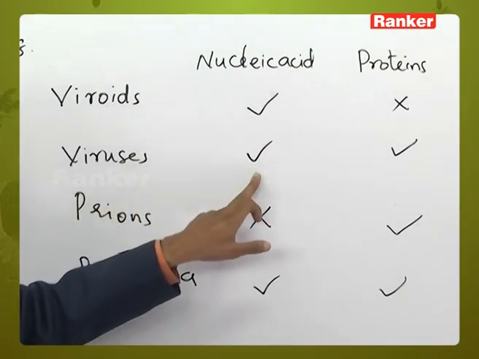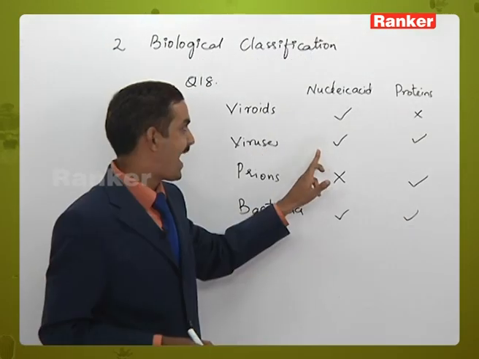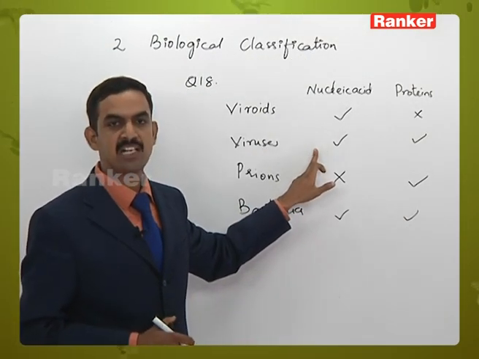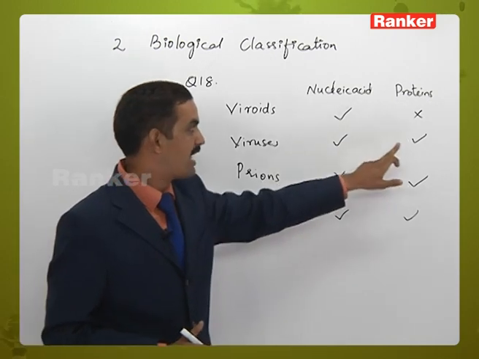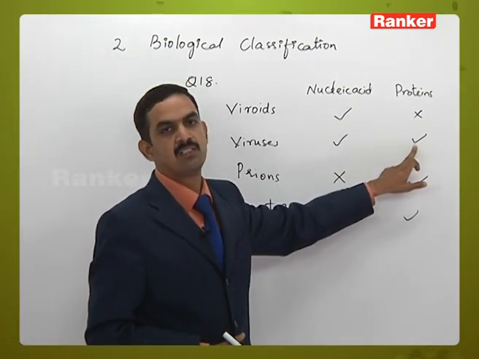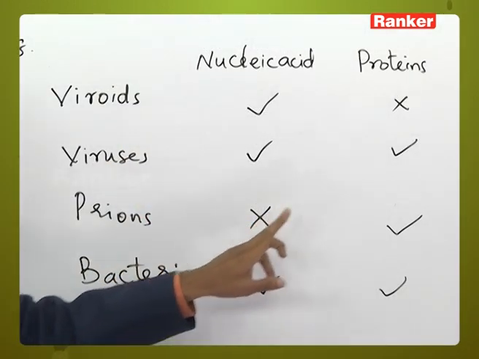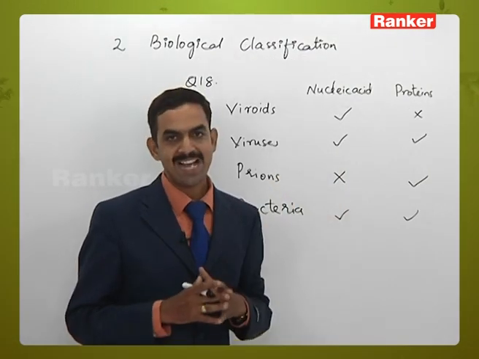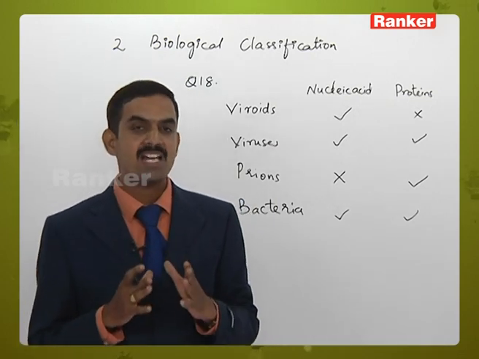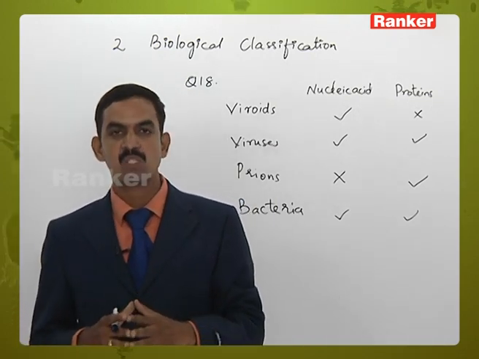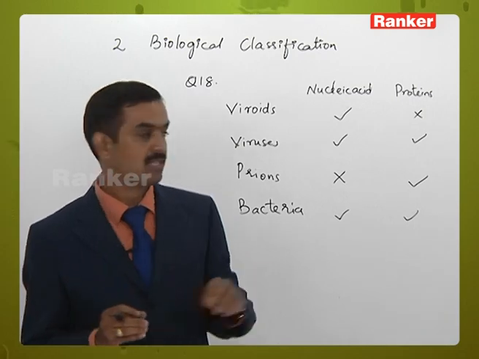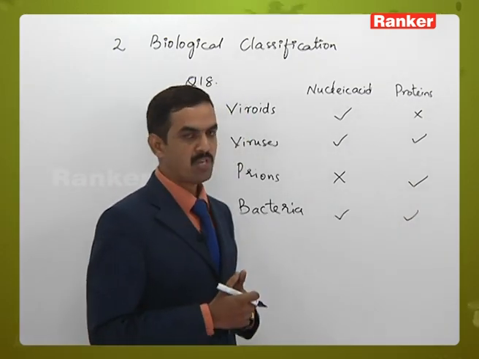Viruses have nucleic acids and also proteins. As nucleic acids are present, they contain phosphodiester bonds, and as proteins are present, they contain peptide bonds also. Prions have only proteins, so nucleic acid is absent. As nucleic acids are absent, phosphodiester bonds are also absent, only peptide bonds are present.